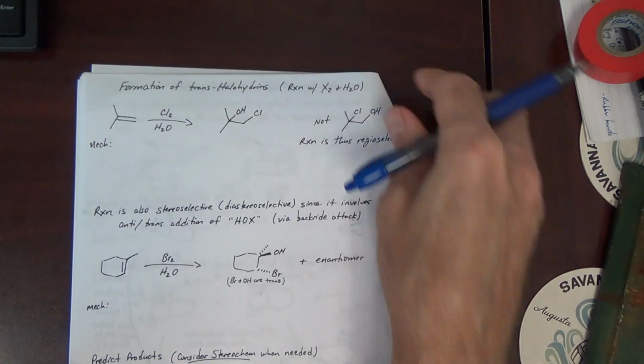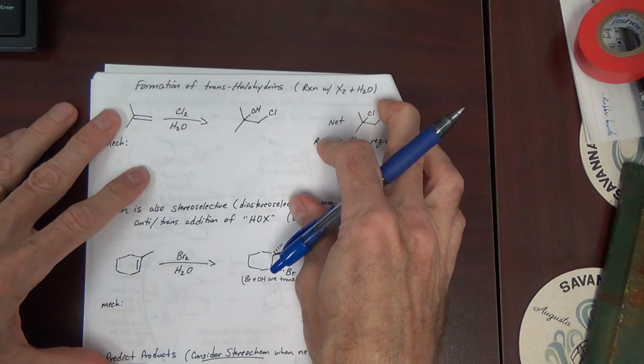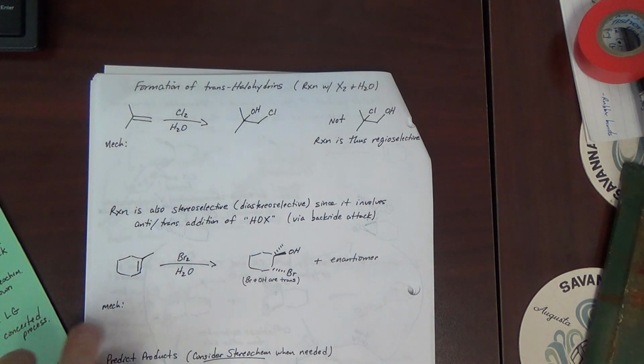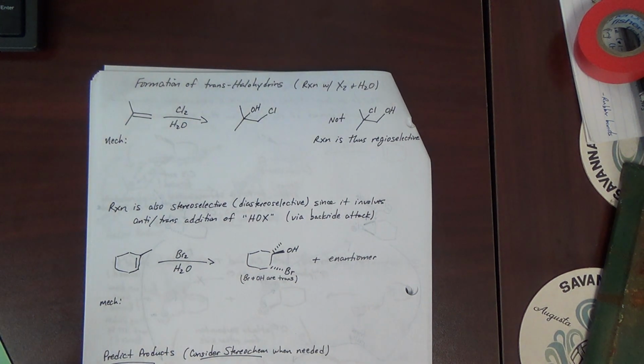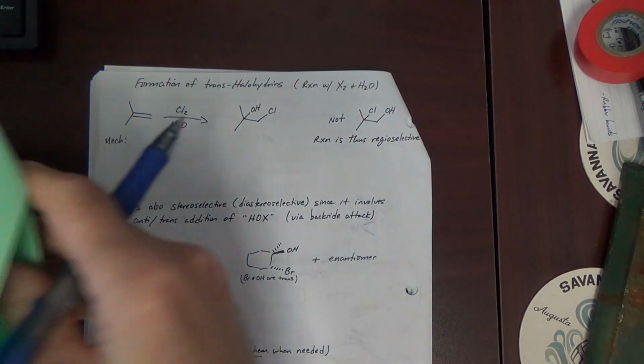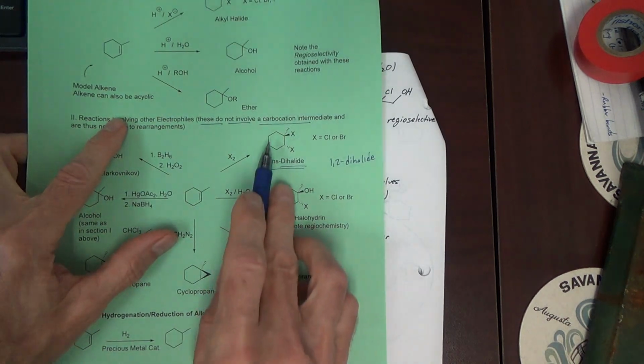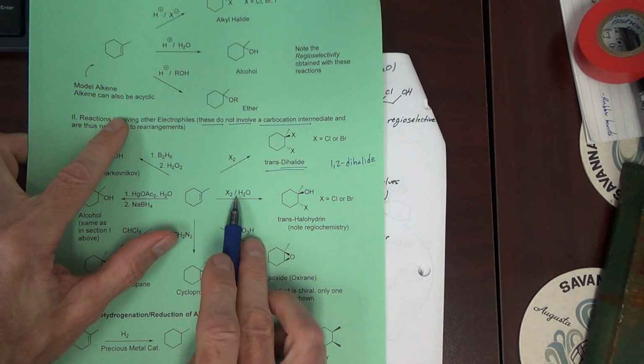Let's look at the next reaction, formation of trans halohydrins. That reaction is shown here, and we'll see it's going to be very similar, except we're going to include water.